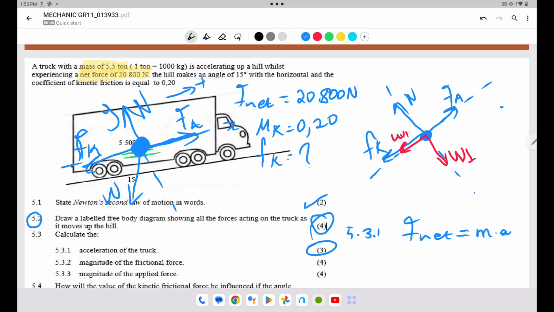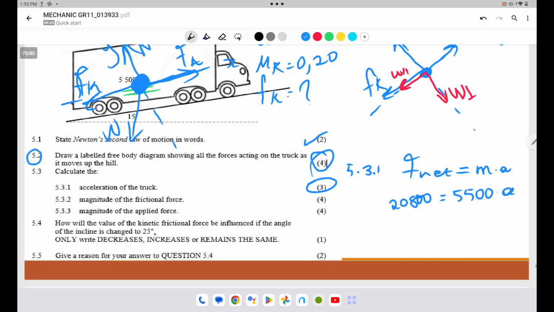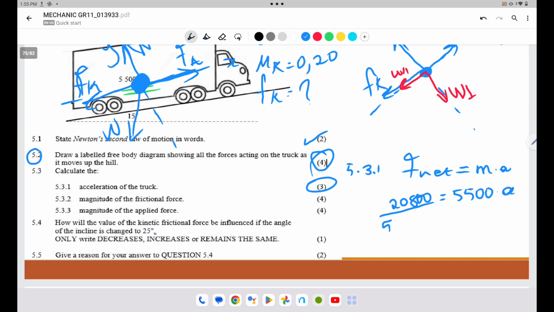So your F net was given there. It is 20,800 equals the mass, which was given, 5,500, multiplied by acceleration. Then we can make acceleration the subject of the formula.